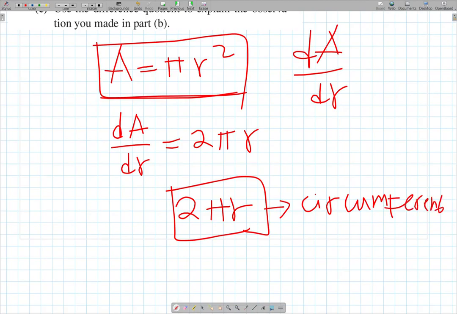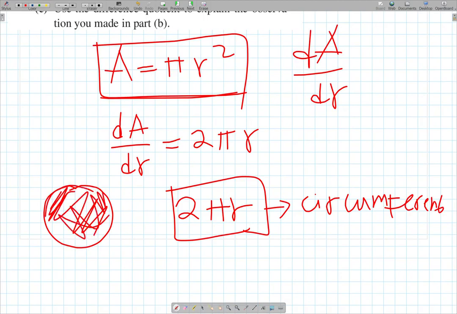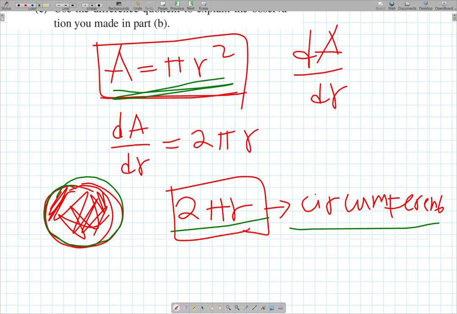Okay, so pag nandito ang circle natin, nandito yung area. Ito ang circumference ng circle, which is equals to 2 pi r. So meaning class, pag i-derive natin ang area ng circle, the outcome is circumference, which is equals to 2 pi r. Right?